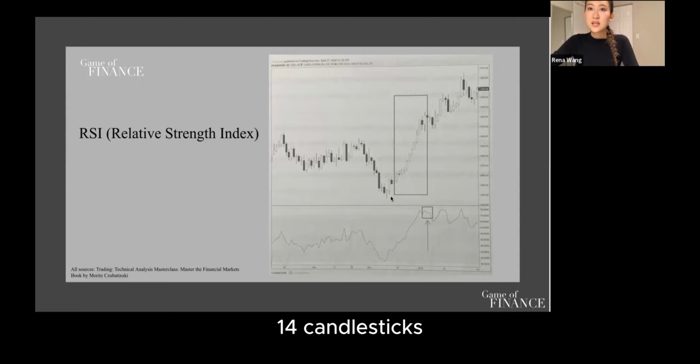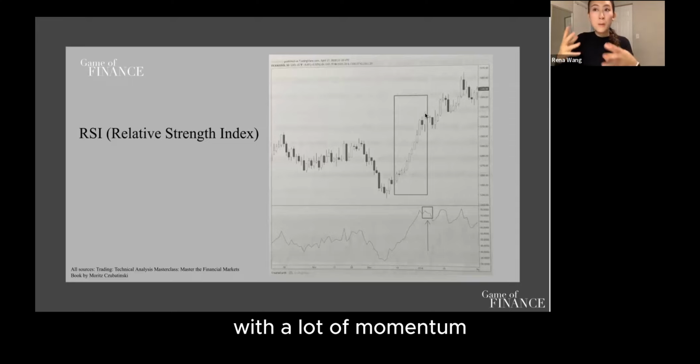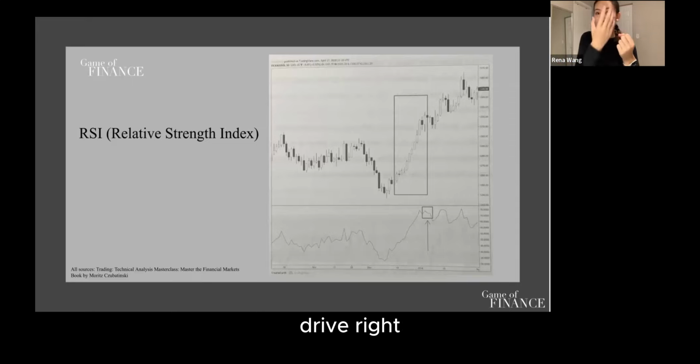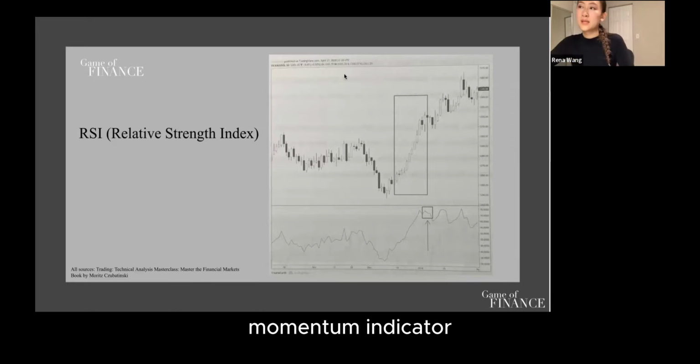In addition, the rising candlesticks are relatively large. They have very large bodies and small wicks. Wicks are these little gray things that stick out on the top and bottom. So in this case, the RSI value would be 75. So it's pretty high and it's confirming an upward trend with a lot of momentum. Momentum means drive, right? Because this is a type of momentum indicator.